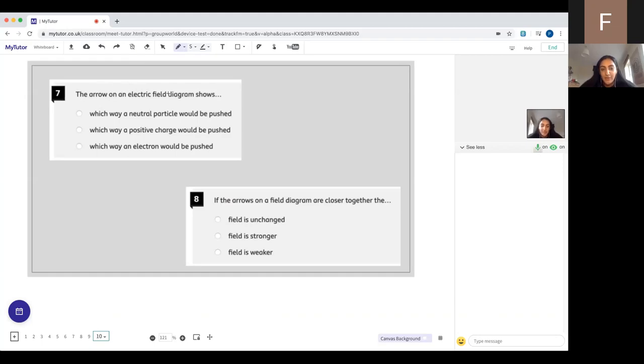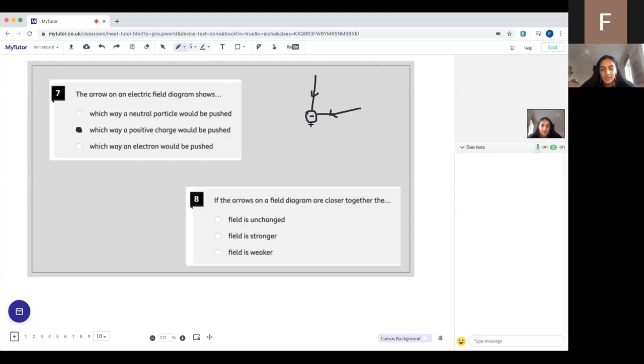The arrow on an electric field diagram shows which way a positive charge will be pushed. So if we were to have a negative charge, the electric field would go from positive to negative, so inwards towards the charge.